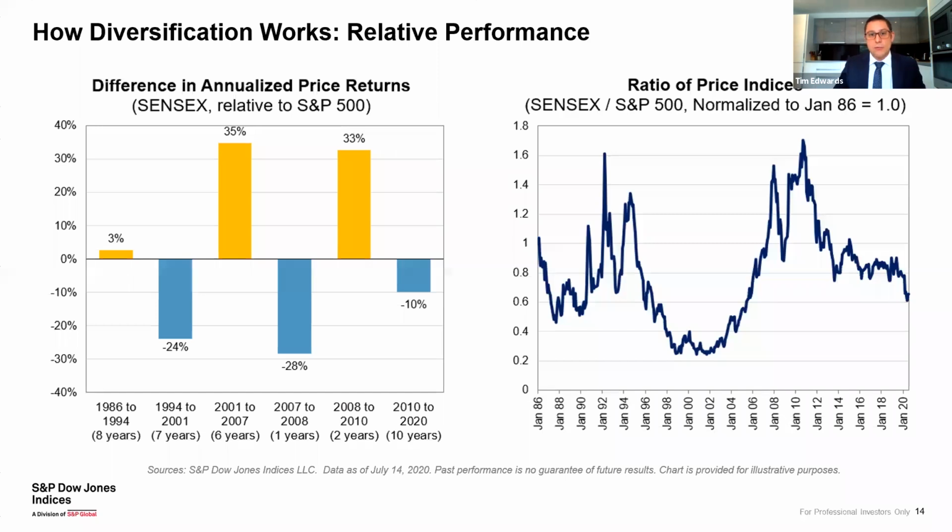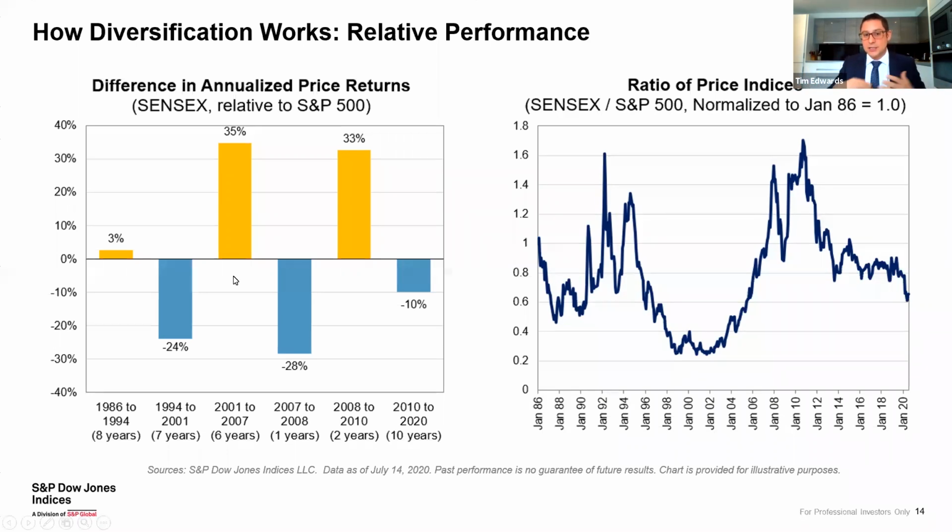When this is going down, that means that the US market is outperforming. When it's going up, that means India is outperforming. And what you can see straight away is some really clear trends, long periods where the US was outperforming India or vice versa. That's how diversification works.